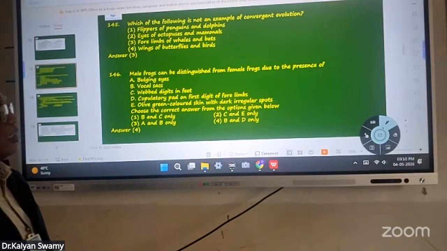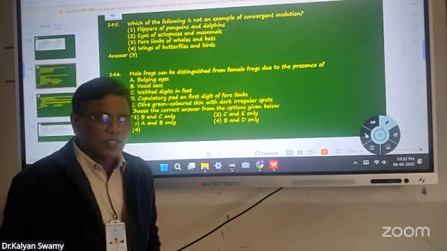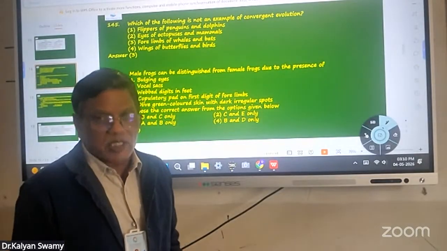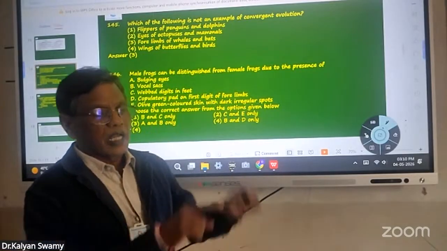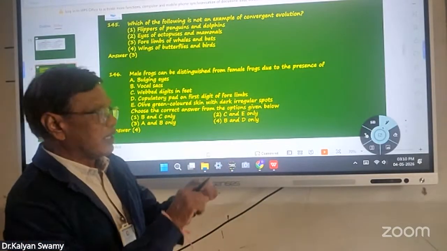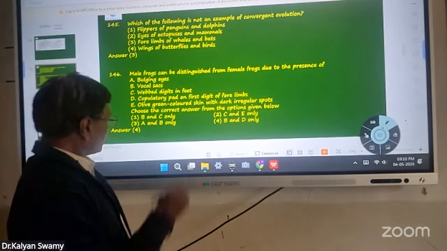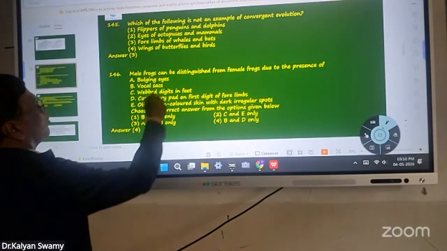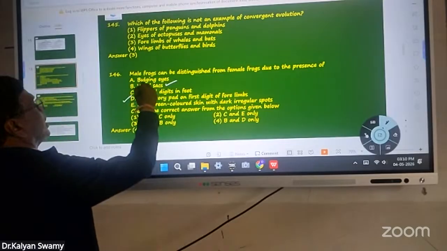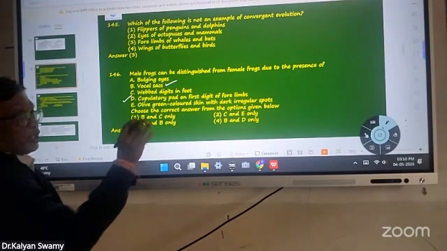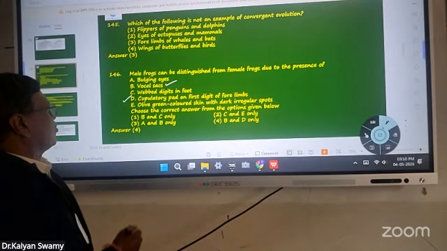Next, coming to a very outline question that looks lengthy, with regard to frogs. Everybody knows frogs are sexually dimorphic. Male frogs have vocal sacs and a copulatory pad on the first digit. Here, B and D are the only two sexually dimorphic characters that everybody knows.